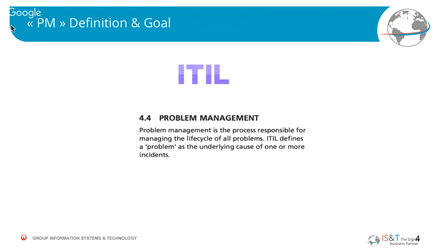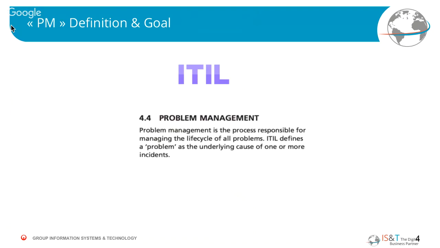Okay, so let's start with the definition and goal of problem management. Here we have a detailed definition of problem management. Problem management is the process responsible for managing the life cycle of all problems. It defines a problem as the underlying cause of one or more incidents. So a problem is defined as the underlying cause of one or more incidents.